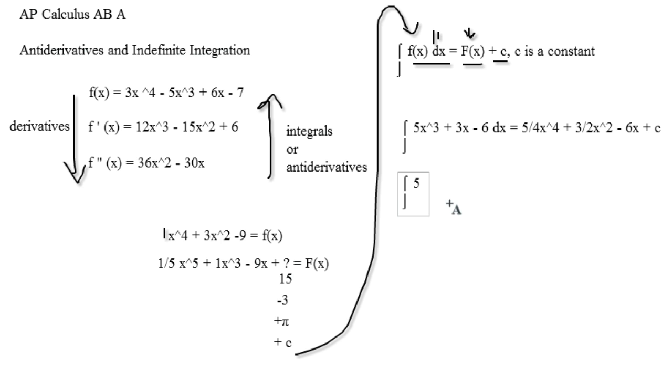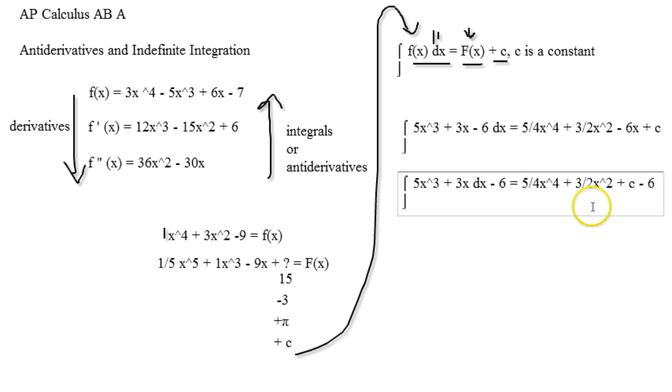Now, however, if I did that same exact problem, but I put the dx next to the 3x, I would just do the integral of the first two terms. So it would be 5/4 x to the fourth plus 3/2 x squared plus c minus 6.